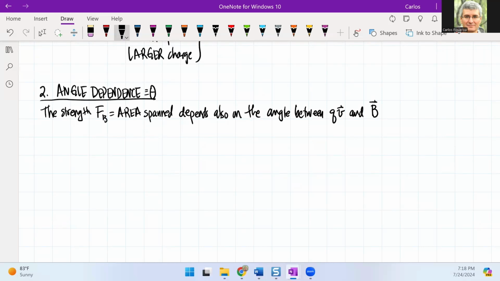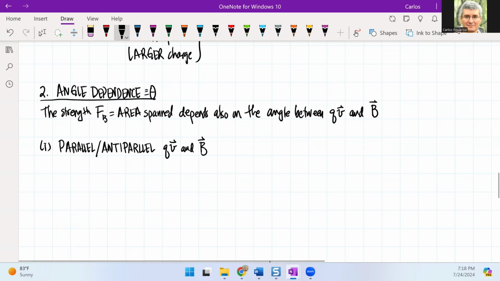And we can break this down into three cases. So the first case that I'll consider is, what happens if I have parallel and anti-parallel QV and B? So picture-wise, we have the following thing.